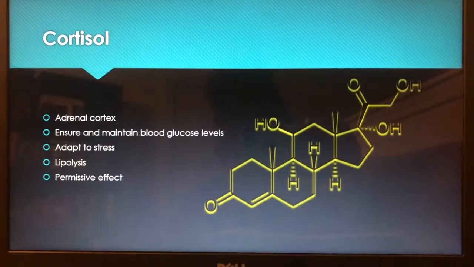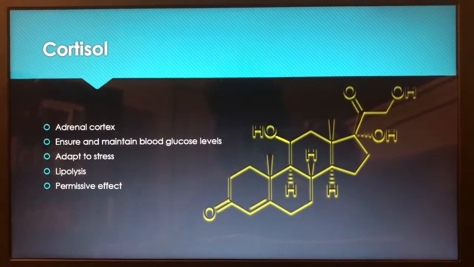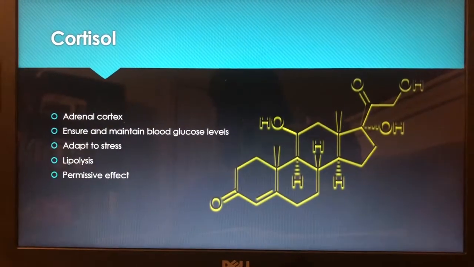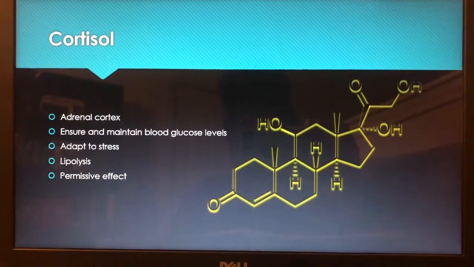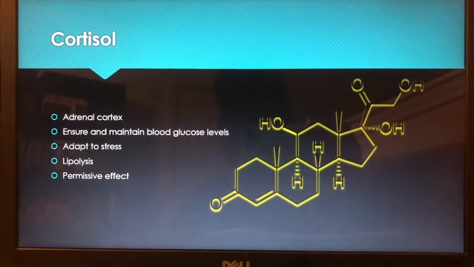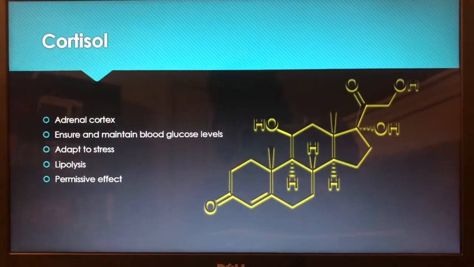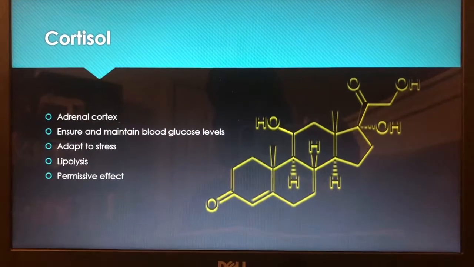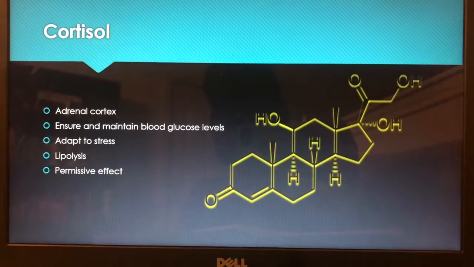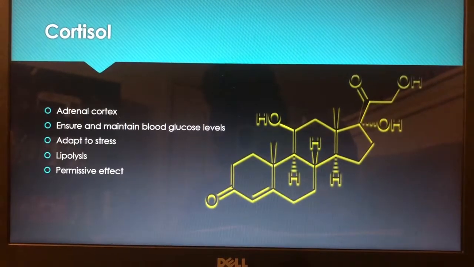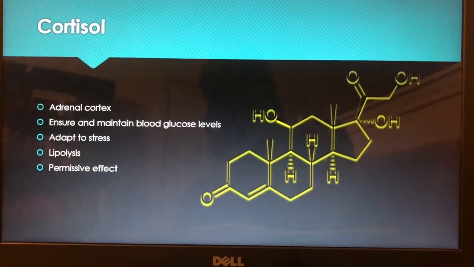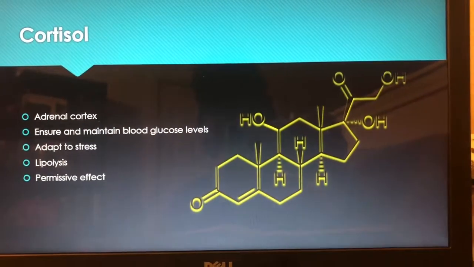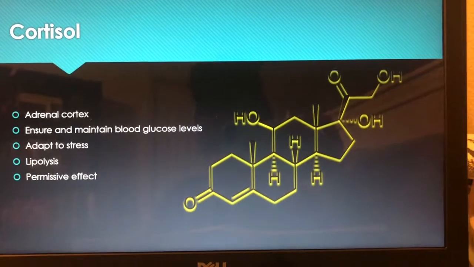And the main function of cortisol is to ensure and maintain the blood glucose levels between meals.